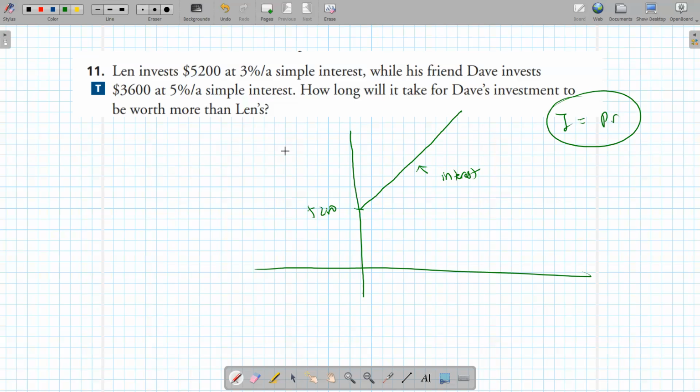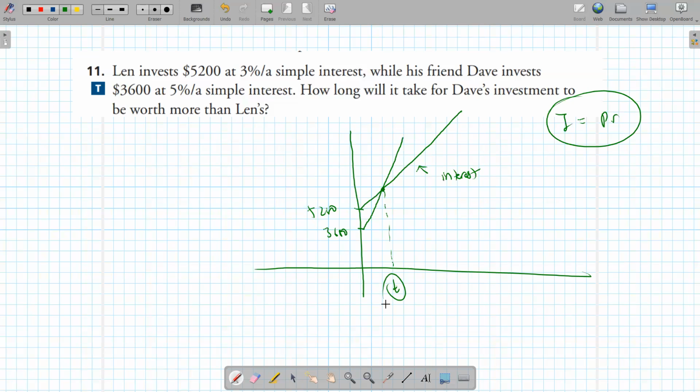And then the other guy is gonna start off at 3,600, but because he has a higher R value, it's gonna spike up a little bit faster. It's gonna look like this, see, like that. Question's asking us to find this time. Cool? So that's the goal.